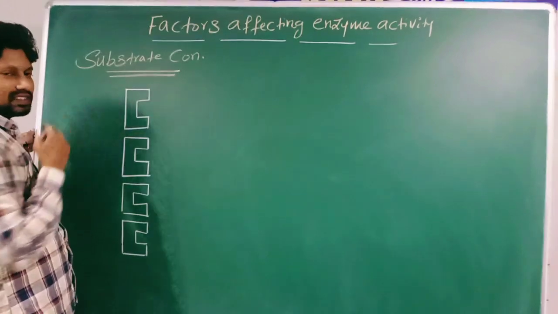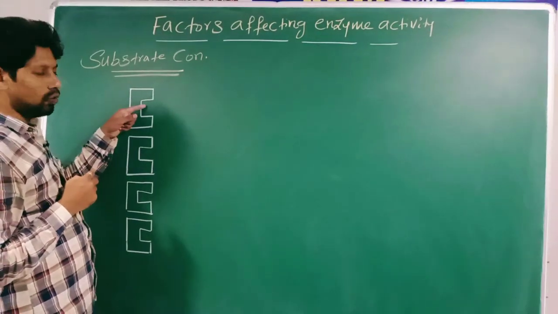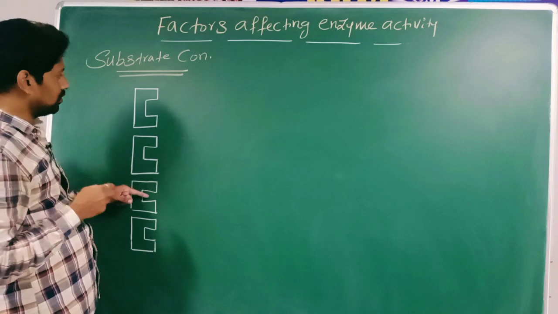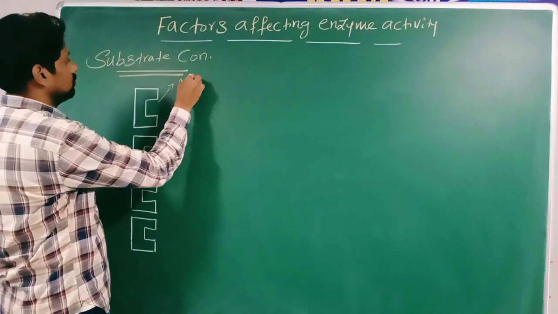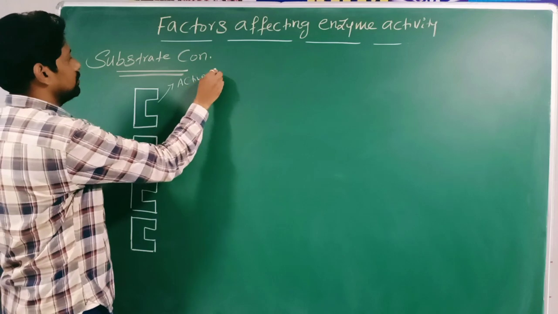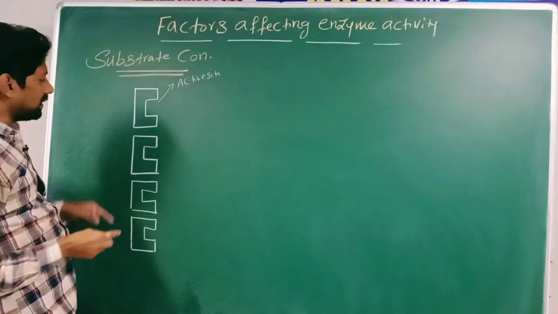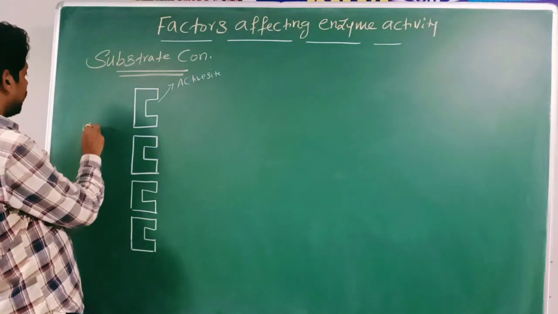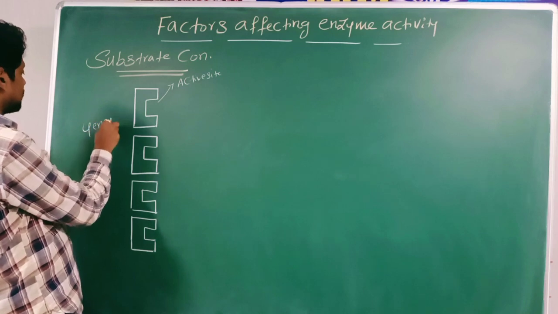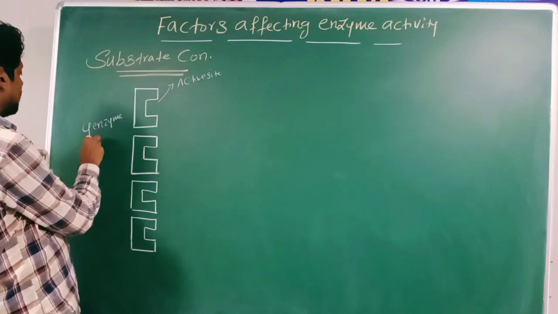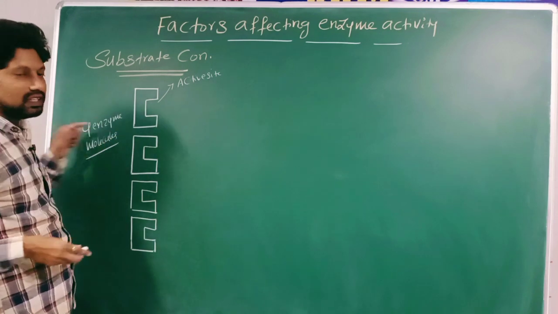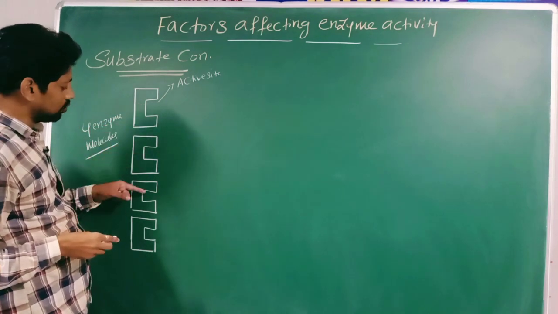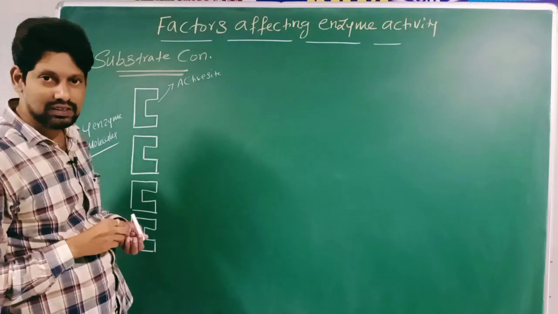Each and every enzyme has its own active site. What is this called? Active site. Here, how many enzyme molecules are there? 4 enzyme molecules, each having its own active site.